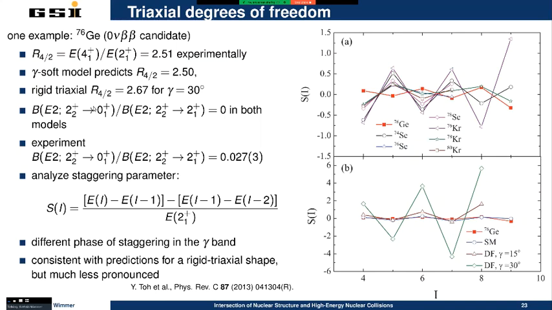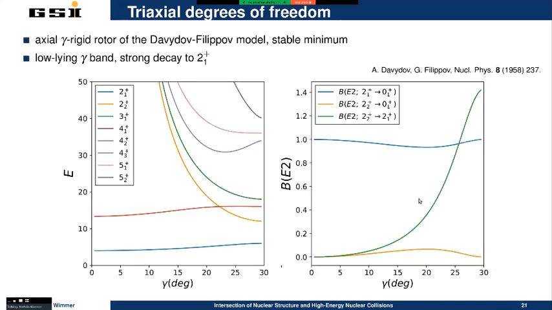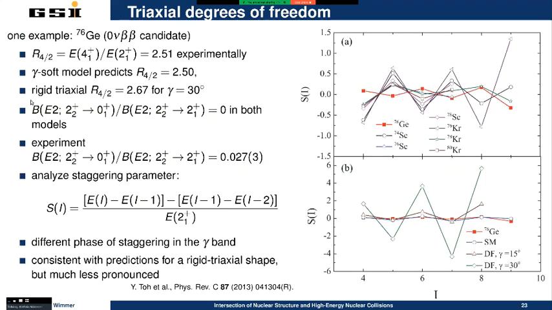So we look at the transition probabilities, and this is the same as shown here. How does this 2+2 state decay? Does it decay to the 2+1, or does it decay to the ground state? And you see that for maximum triaxial deformation, this predicts that the decay to the ground state is forbidden. But this is also the case for the gamma soft model.